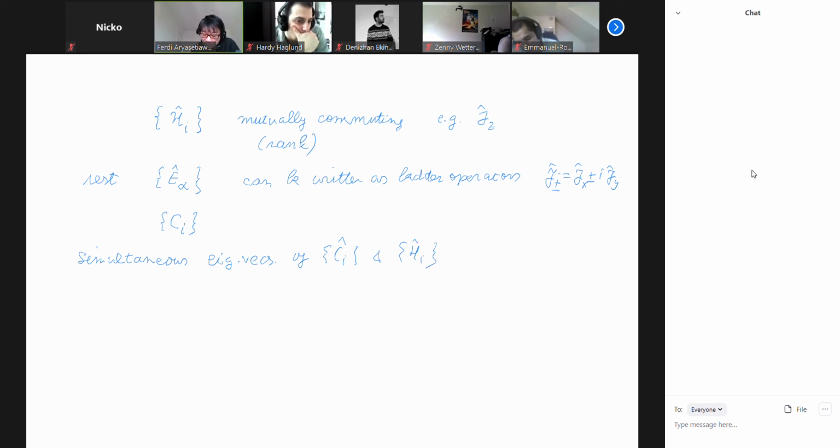In the case of angular momentum, this will be the J squared and the Jz. There's only one mutually commuting operator in the case of angular momentum.